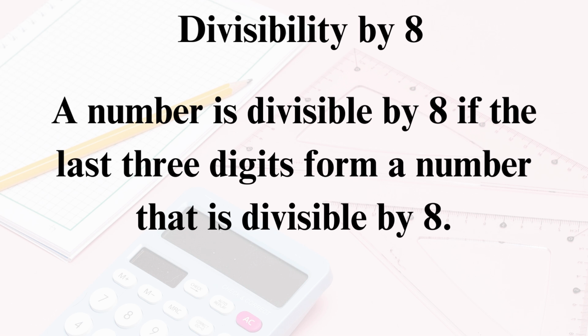Now let's check the divisibility by 8. A number is divisible by 8 if the last 3 digits form a number that is divisible by 8. In the test of divisibility of 4, we had seen that if the last 2 digits are divisible by 4, the whole number is divisible by 4. But over here we are going to check the last 3 digits of that particular number.